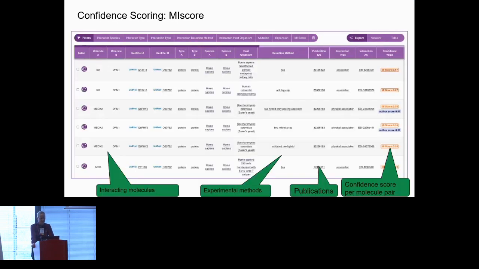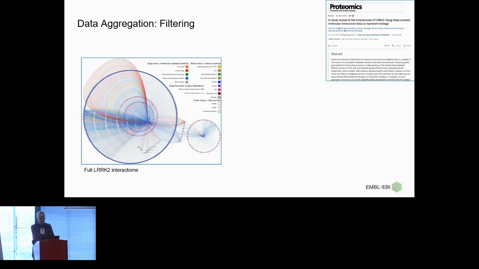All of this is accessible through the website and can be used to retrieve interactions according to different cutoffs. The key part is that our detailed annotation allows us to do filtering by different criteria.